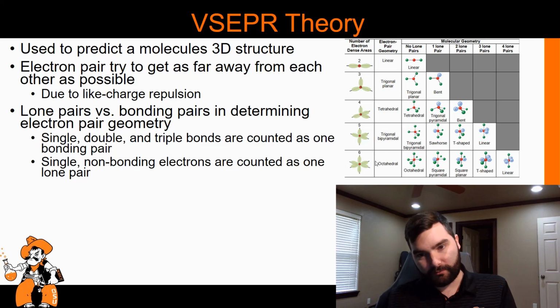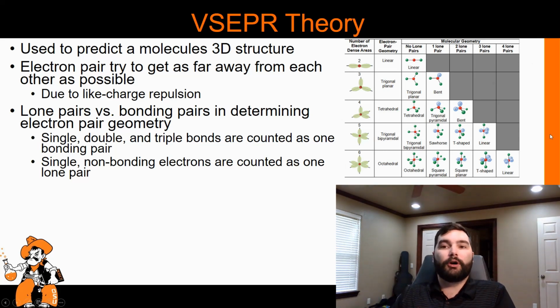Now, let's talk about lone pairs and how they actually affect the molecular shape. So we'll start off with tetrahedral. All right, tetrahedral, you have bond angles of 109.5. Now, if we take away one of these atoms but leave the pair of electrons, that's now a lone pair on the central atom.